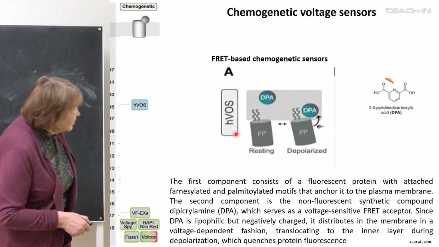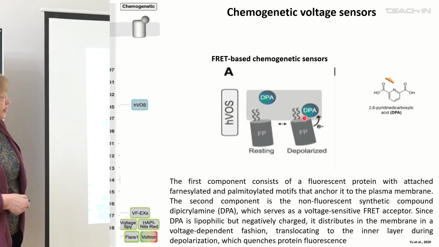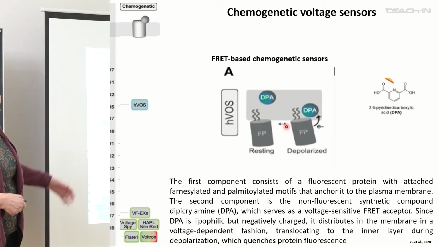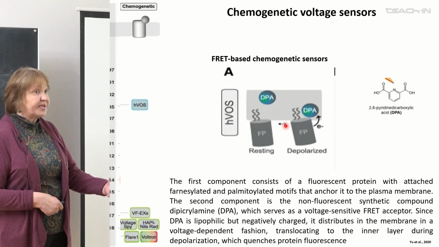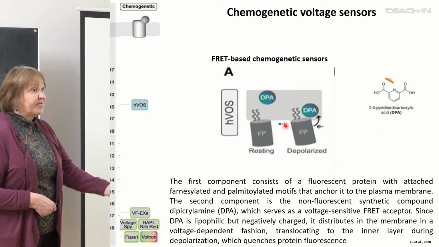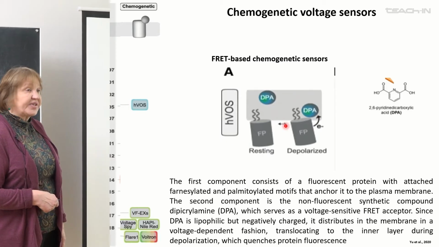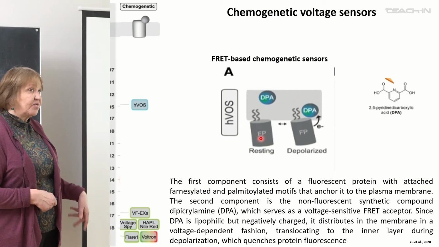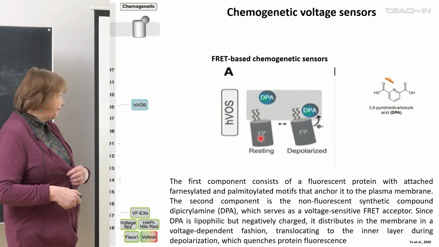So DPA is here. It's a small molecule, but it can accept an electron. So once the membrane depolarizes, what happens? Fluorescence of your fluorescent protein is decreasing or increasing? It's decreasing. Yes, it's decreasing.